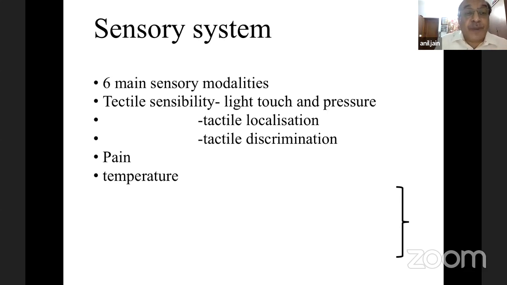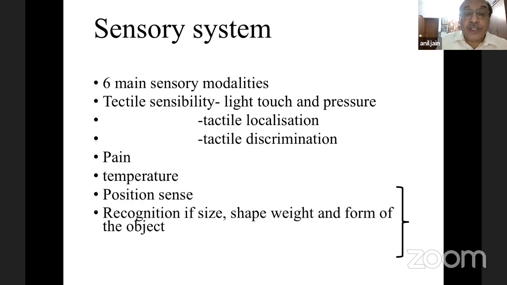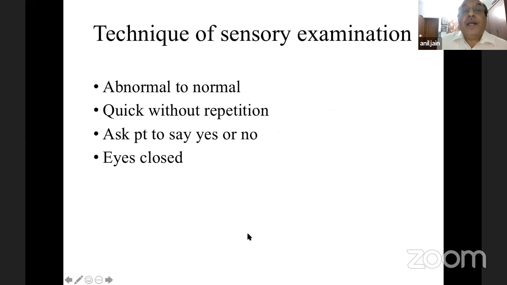The other is pain and temperature. Then position sense, recognition of size, shape, weight and form of the object, and vibration. These 3 are posterior column sensations: position sense, vibration sense, and the ability to recognize the size, shape, weight, and form of the object. Now, the technique of sensory examination is very important. We need to remember the dermatomal pattern of the body.